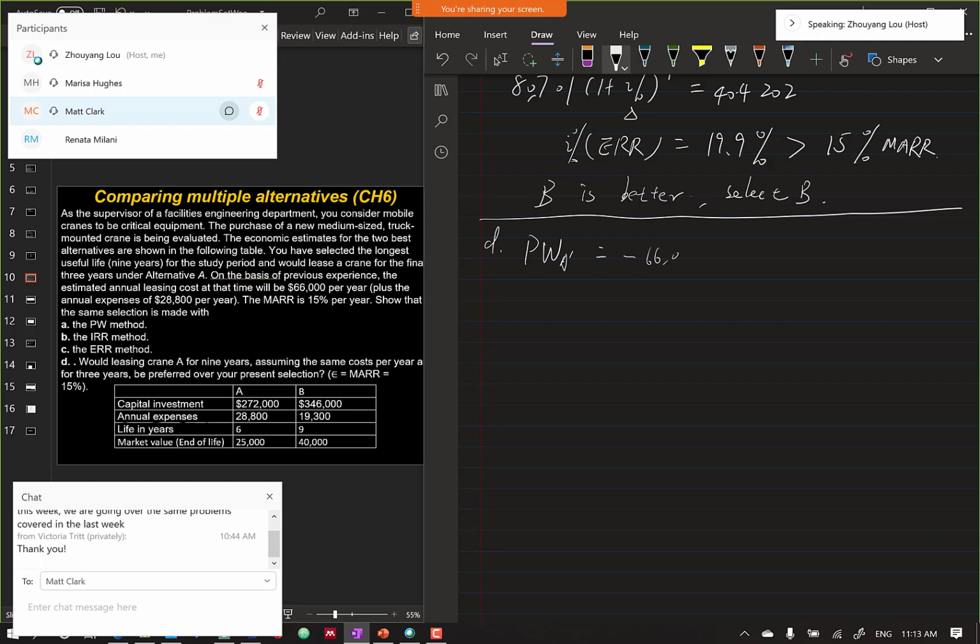That's 6,000 plus the 28,800, and that's the annuity. So we have the present worth given the 15% in 9 years, which will be minus 452,348.